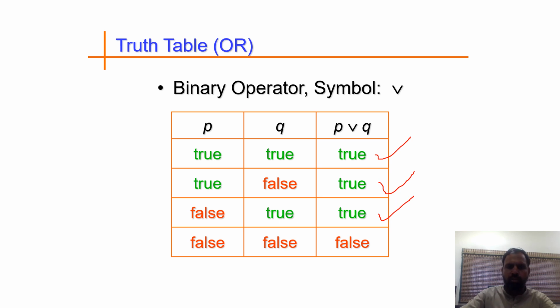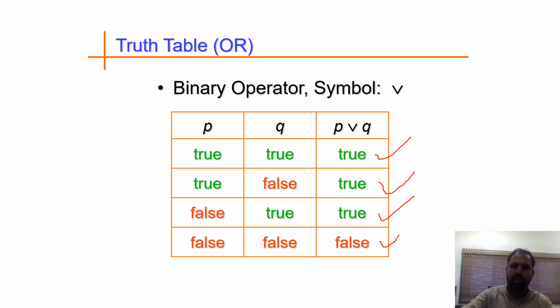If both are false, P false and Q false, then the OR sign has no option but to say false. So if one of the values P and Q is true, then it will be true.